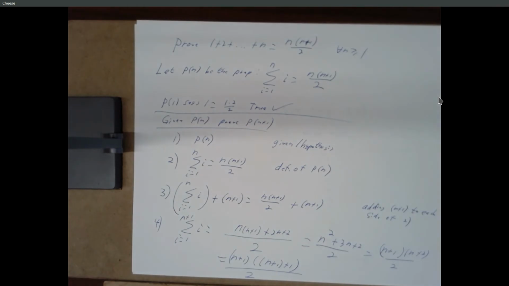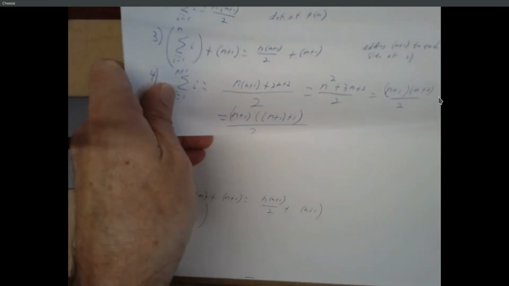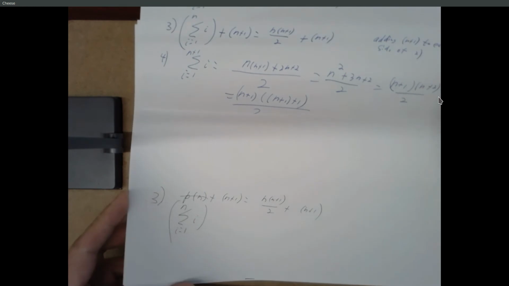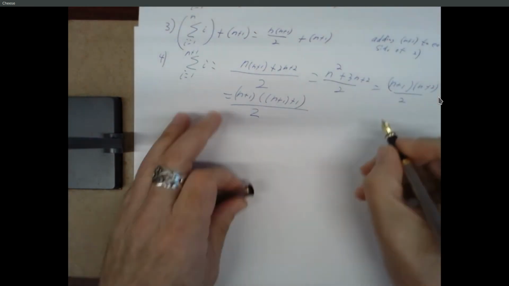Now, without ever looking at P of n plus 1, you've proven that this summation from 1 to n plus 1 of i is equal to (n plus 1) times (n plus 1 plus 1) divided by 2. And that's a fairly happy result. And that's all algebra.